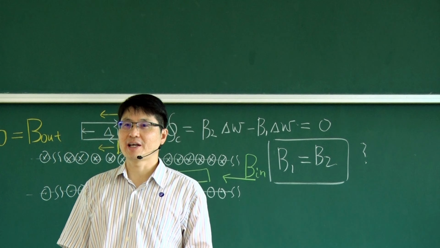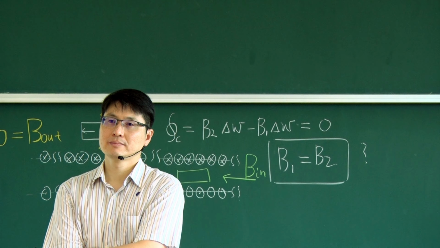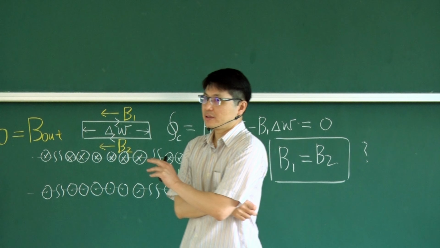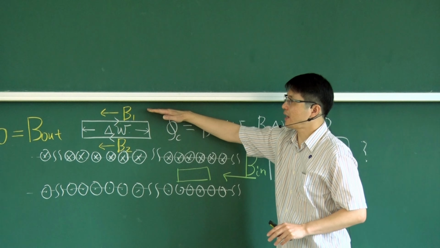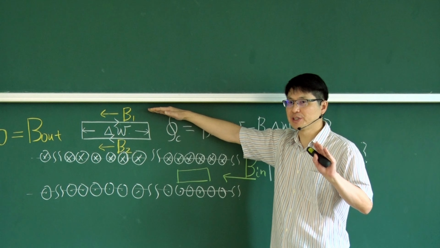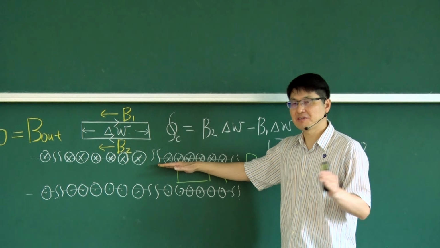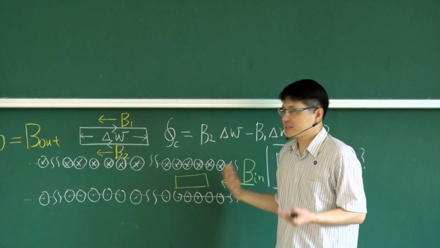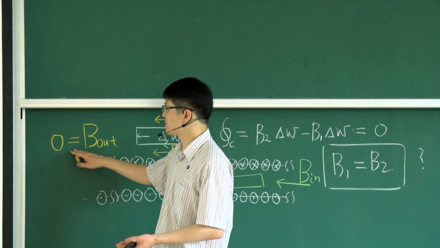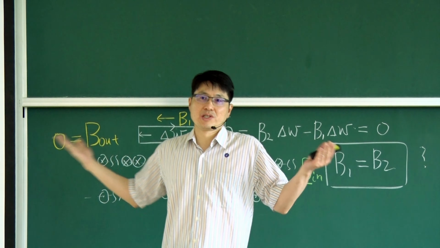Can anyone answer that question? From our detailed analysis, field outside should be a constant, not spatially dependent. Field inside, also a constant, point by point, they are the same. But somehow, in the past, it was a custom to say that outside of the solenoid, the B field is 0.